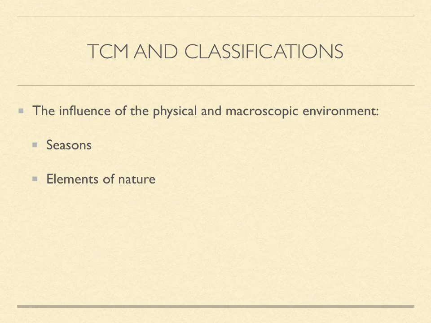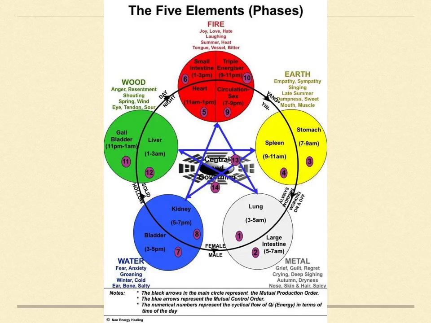They didn't have microscopes, they didn't know anything about molecules. All they really knew was what was around them, seasons, and other elements of nature. So the terminology that they used to classify diagnoses and then plants was based on that vocabulary, seasons and elements of nature. And that is why we have also a system of thought from TCM called the 5-element theory.